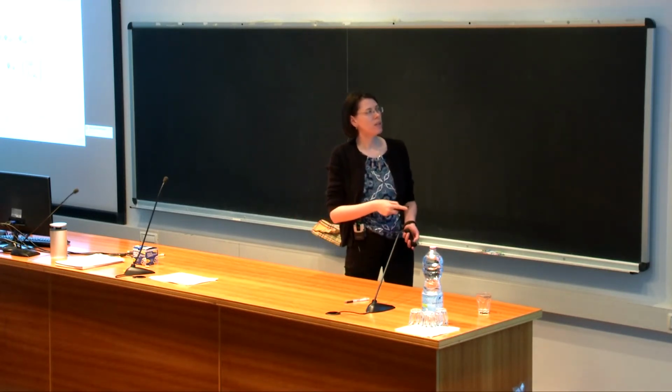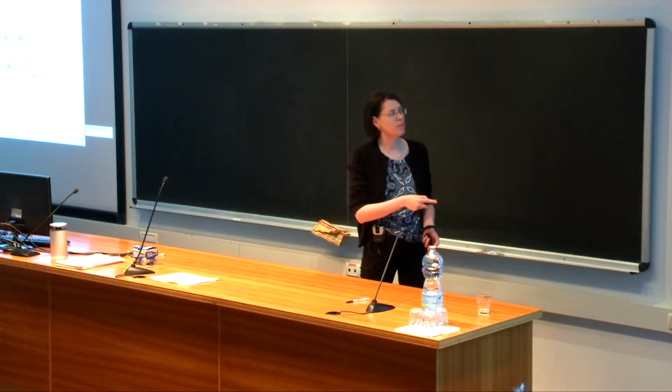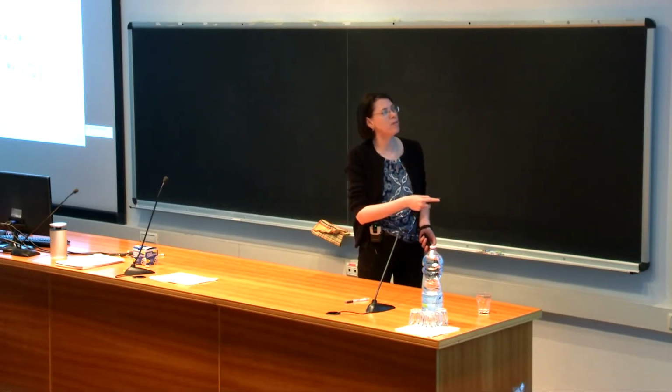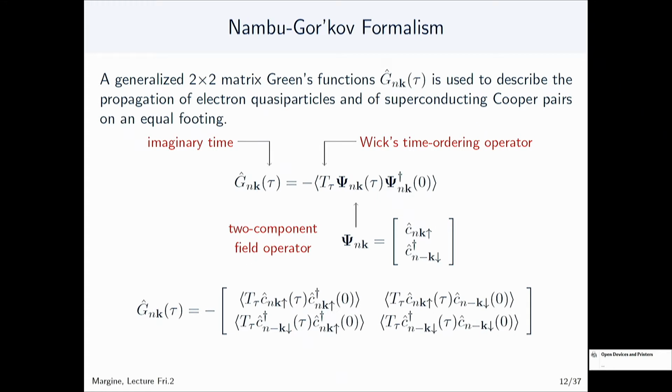Now, if we plug this field operator into this expression, you can see that we have a column vector multiplied by a line vector, which is just the complex conjugate. So what you are going to get is a 2x2 matrix.